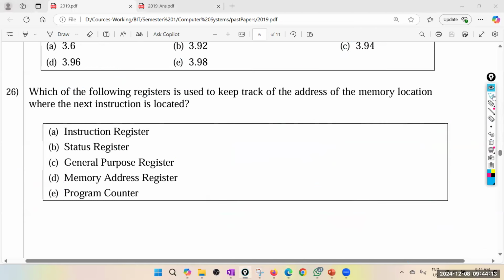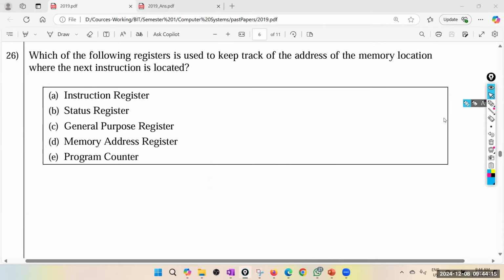Right. Do question 26. It's a theory question. Which of the following registers is used to keep track of the address of the memory location where the next instruction is located? That's a super easy question, right? I told you there are different registers in the processor.